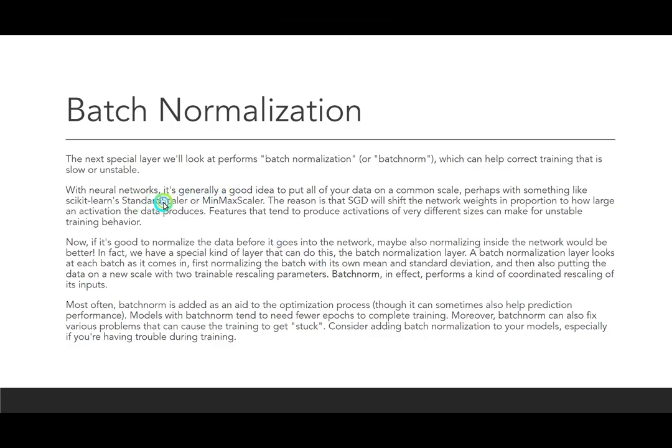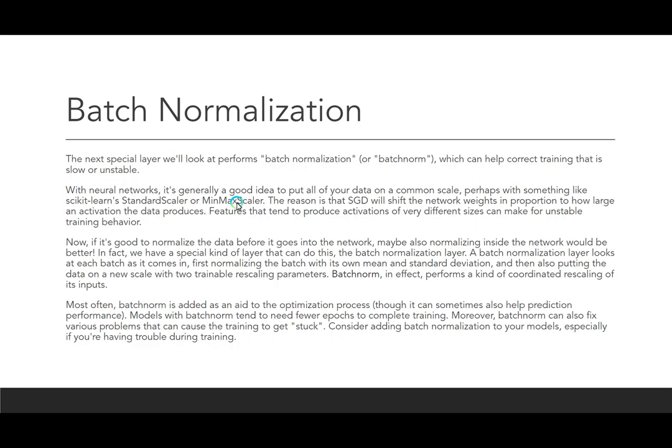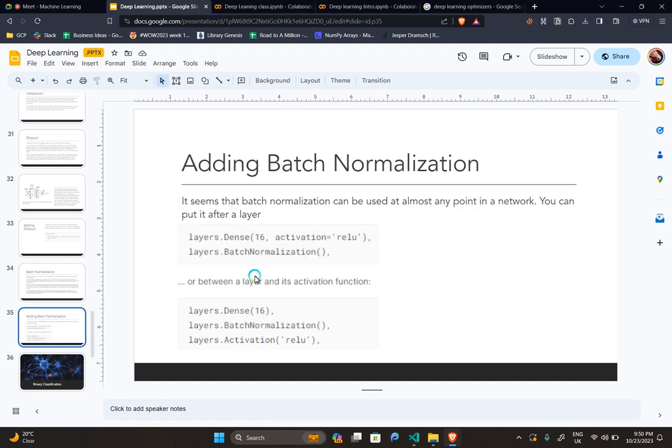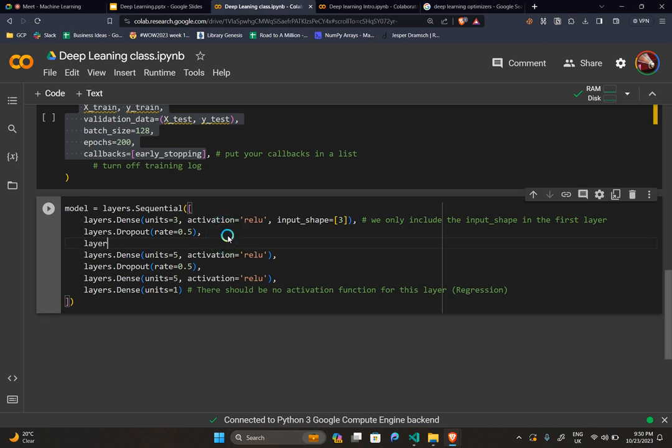It's the same thing we do when we use StandardScaler in sklearn or MinMaxScaler. So after dropout, we type in layers.BatchNormalization, and that should normalize your data.